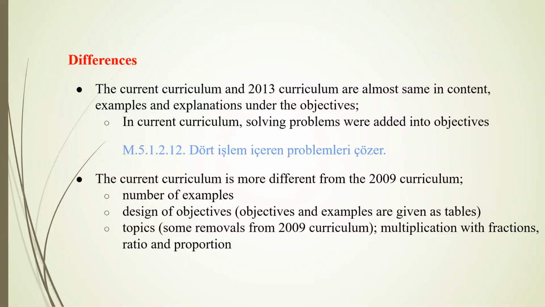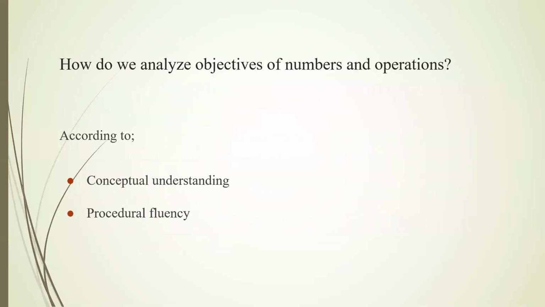There are fewer procedural activity examples in the current curriculum. The importance is on conceptual understanding in the objectives of the current curriculum. Finally, there are some topic removals in the current curriculum. The 2009 curriculum includes multiplication with fractions, ratio, and proportion, but they are removed in the current one.